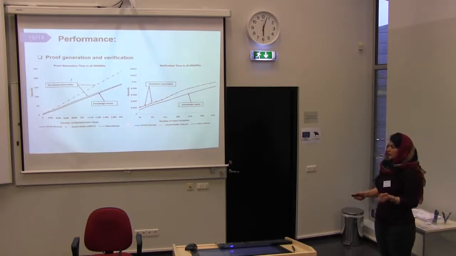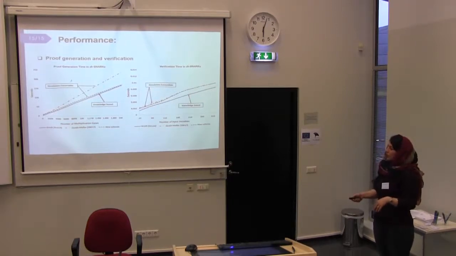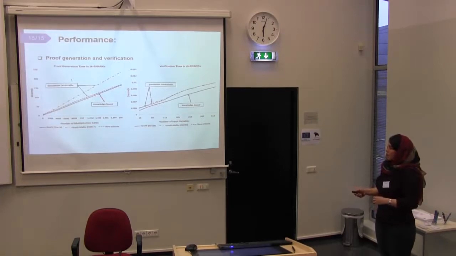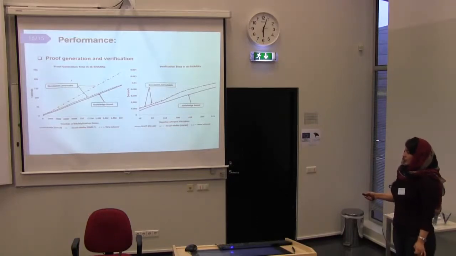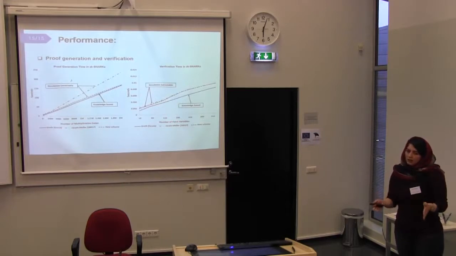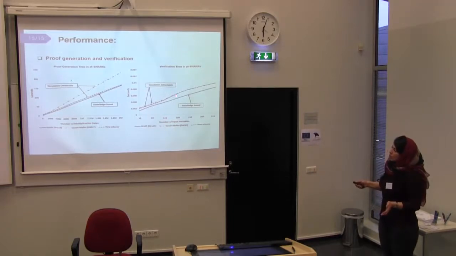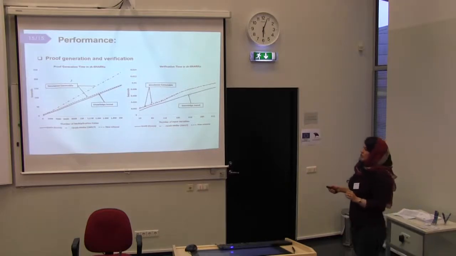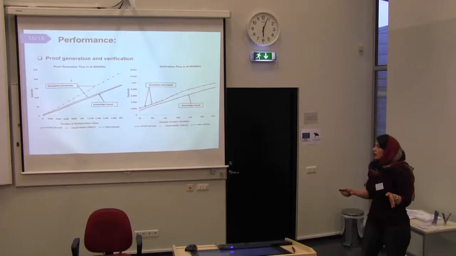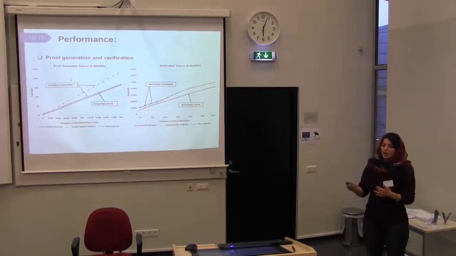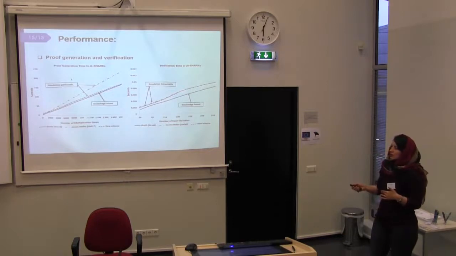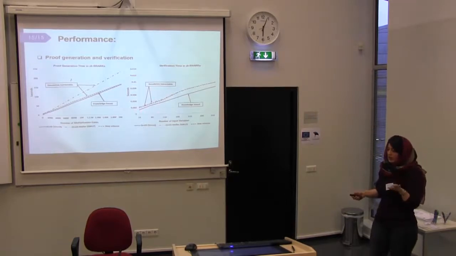Again we plotted by growing the multiplication gates in the arithmetic circuit against time, and you can see that again we are better. In the verification time plot, we plotted against the size of the statement. As the statement grows, up to some point the verification time is dominated by the pairings, and since we have one pairing less than the Groth model, we are still better.